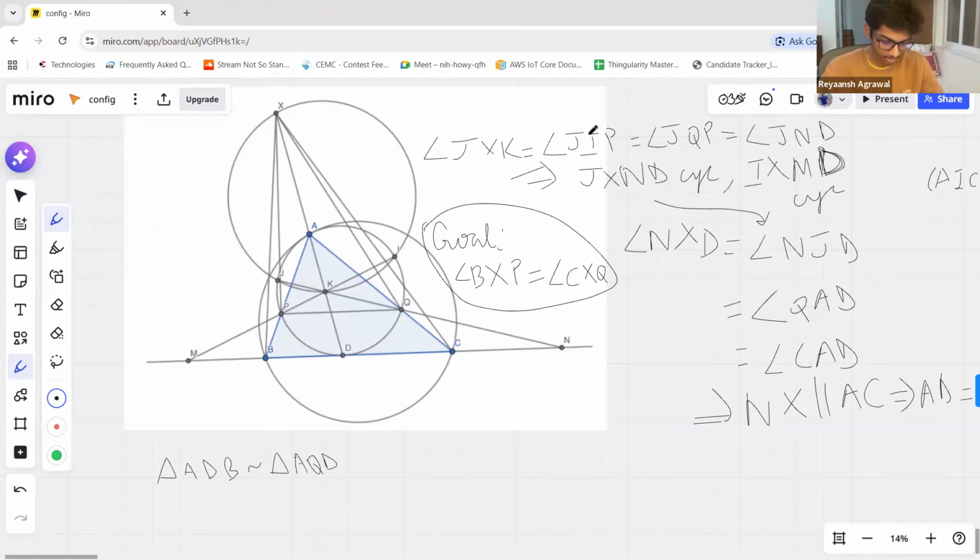We have XM parallel to AB. Can we do any similarities with that? Note that triangle DXM is similar to triangle DAB, for example. Right, that's just parallel lines. So can we look at triangle BXM? Is it similar to anything else?